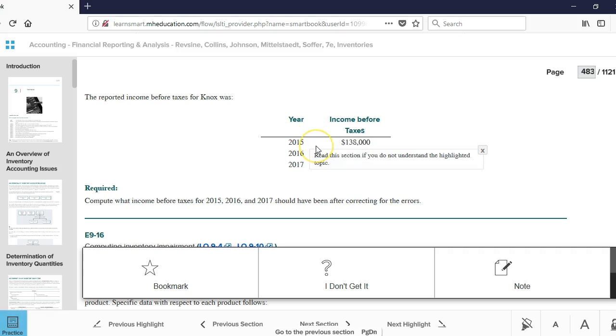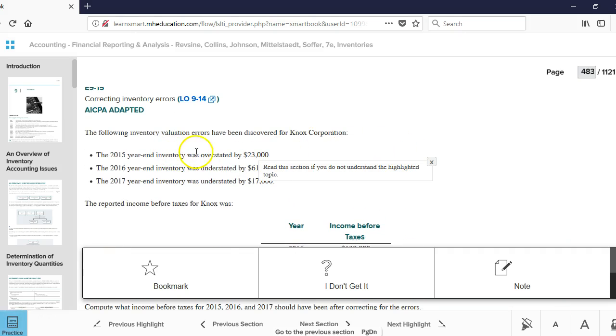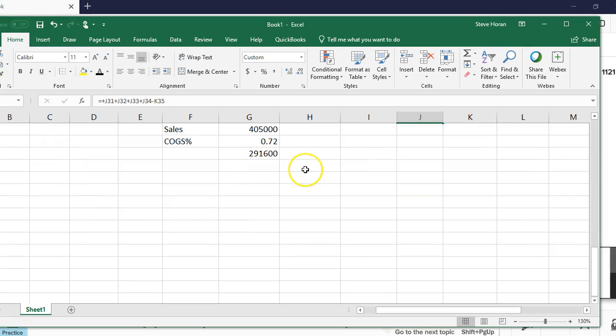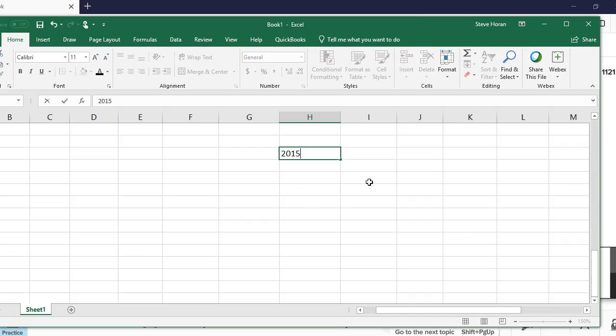So you can see that in 2015, it was 38, but let's look at 2015. Year-end inventory was overstated by $23,000. When ending inventory is overstated, we have to think through how that impacts cost of goods sold. So I'm going to show you a format you can follow to figure that out.